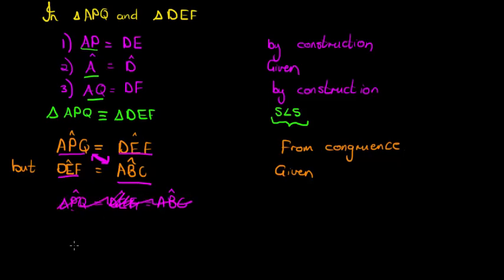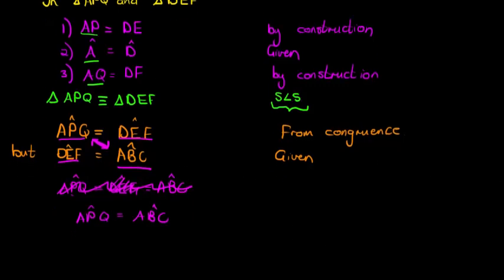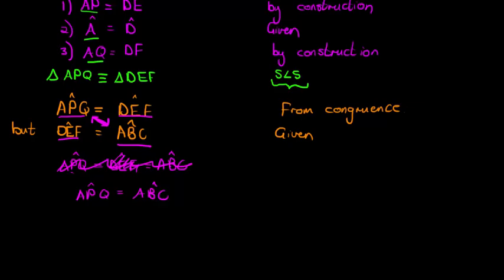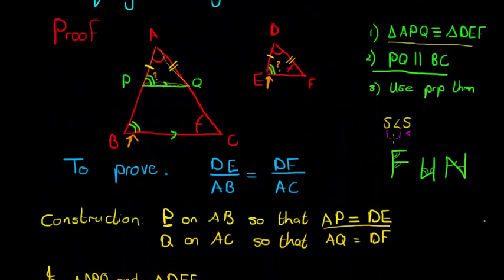Okay, so in other words, APQ is equal to ABC. That follows directly from this, so there's no reason given. It follows from logic. And now I can say, therefore, I've now shown that this angle is equal to that angle.